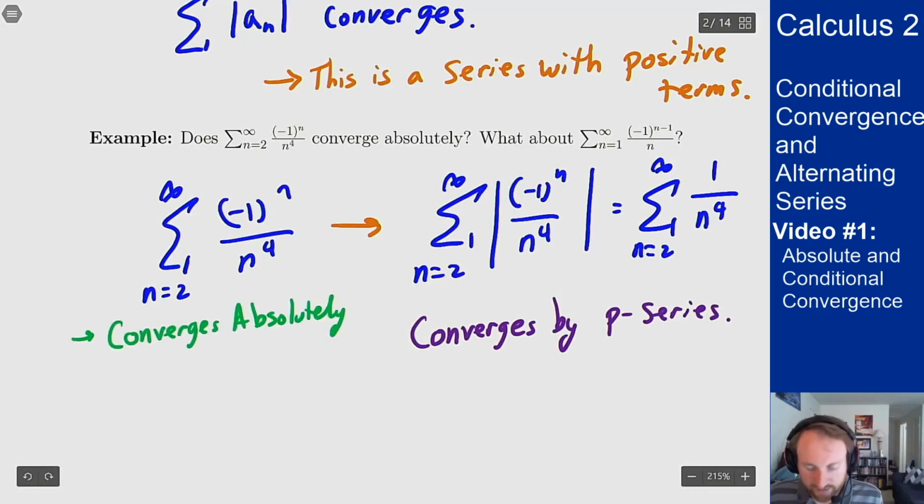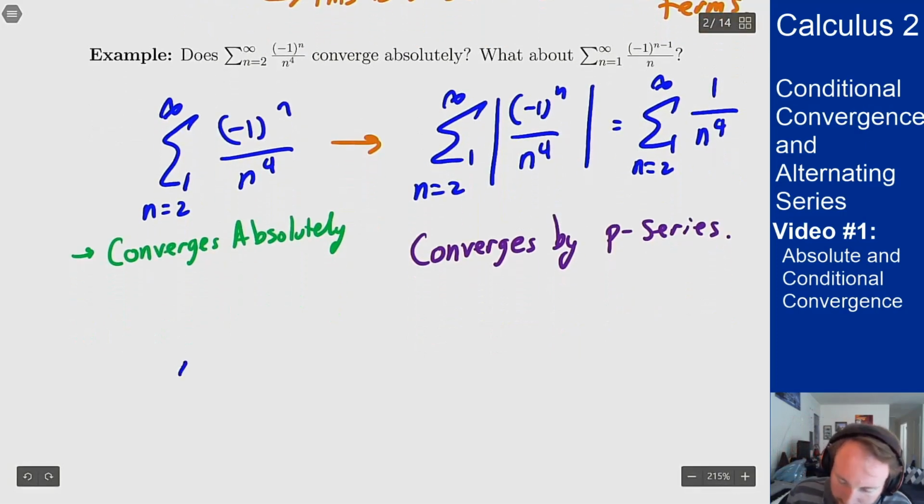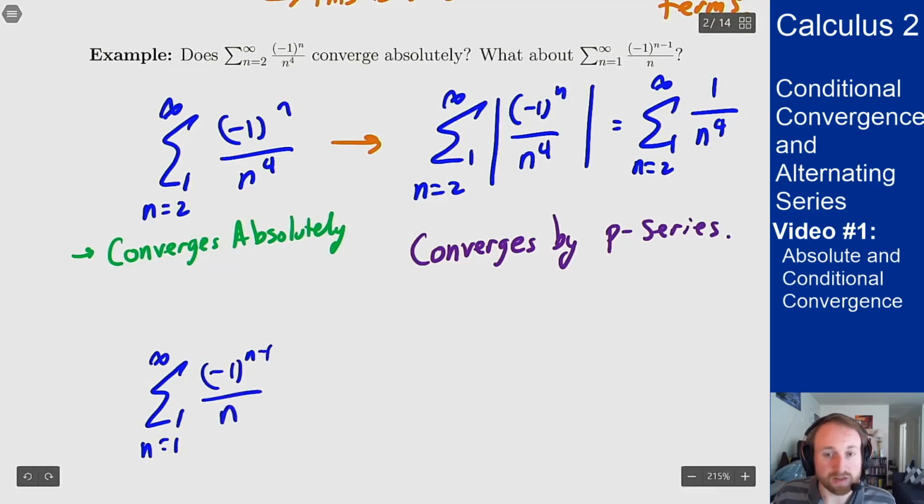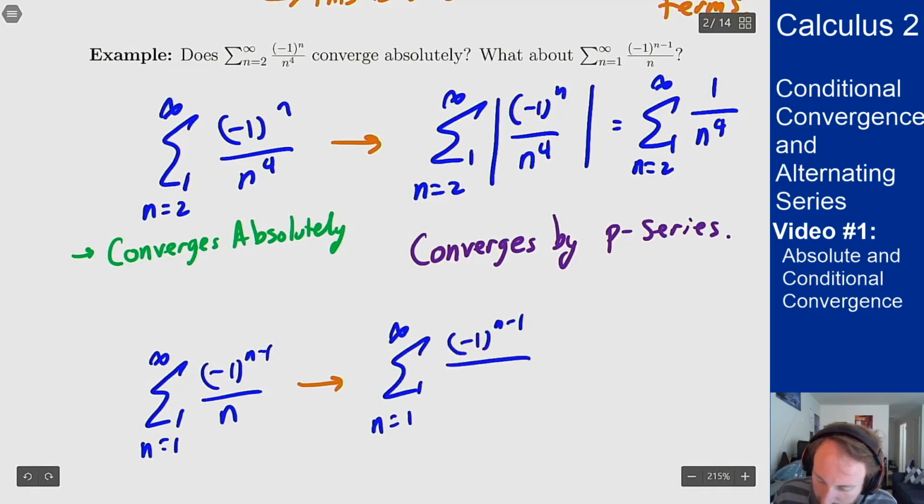For the second series, we have sum n from 1 to infinity of (-1)^(n-1) over n. To see if this converges absolutely, I have to take the absolute value of the terms inside, giving me the sum n from 1 to infinity of the absolute value of (-1)^(n-1) over n.